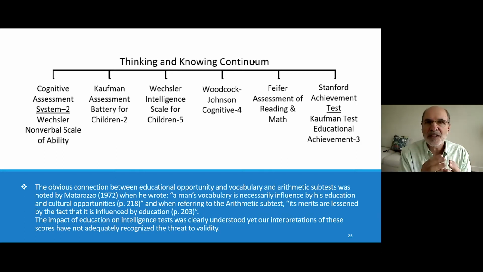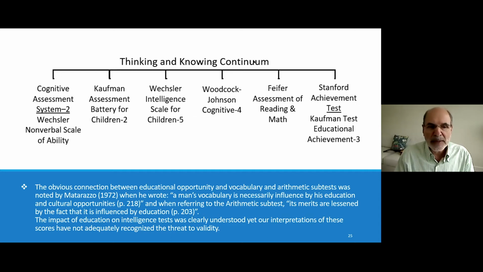They measure thinking, but confounded by knowing. That's a problem. The only tests that measure thinking that's not confounded by knowing would be my Cognitive Assessment System, the Wechsler Nonverbal Scale, Bruce Bracken and Steve McCallum's UNIT, any of the nonverbal tests like my Naglieri Nonverbal, any of those where we don't have all the vocabulary and arithmetic stuff.